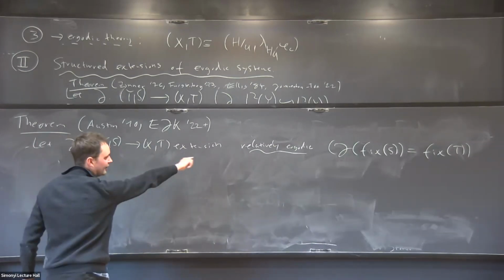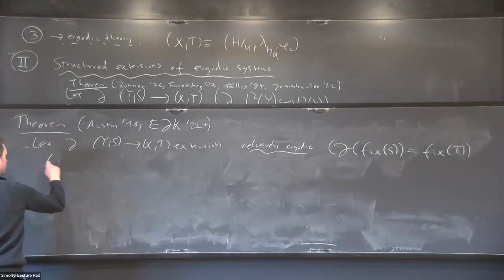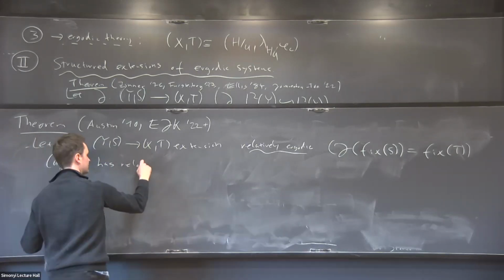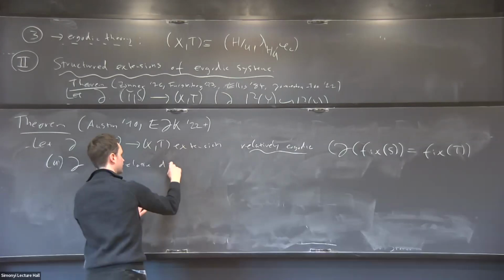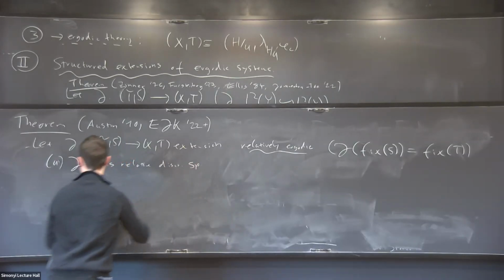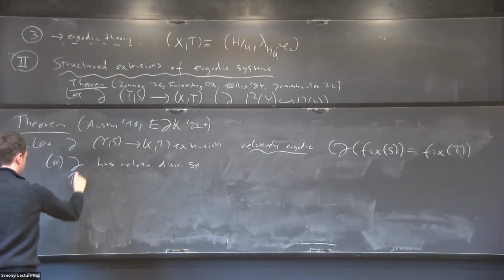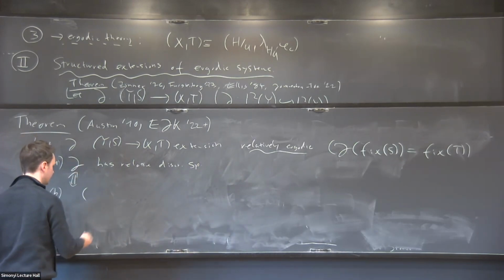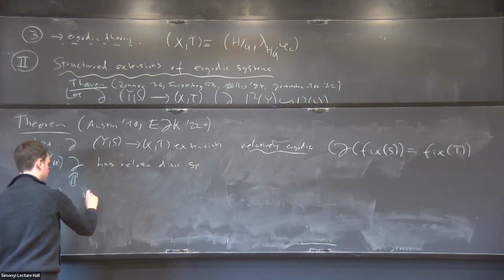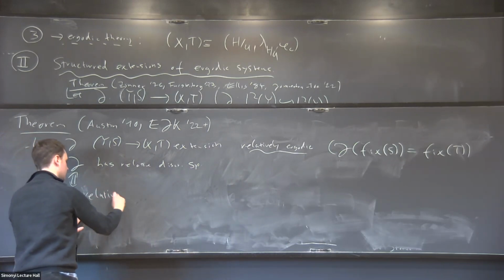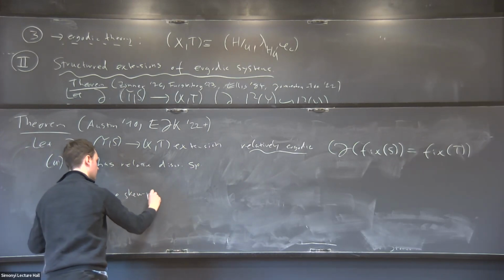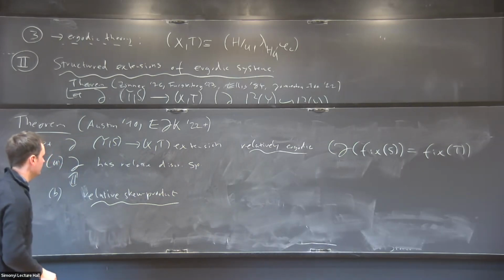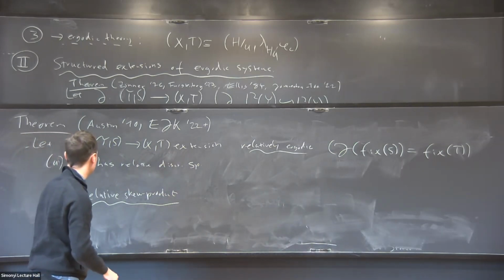So what is the characterization now? J has, again, relative discrete spectrum, so it's structured spectrum, if and only if now my extension is again given by a skew product, but now a relative skew product with respect to the invariant factor or fixed factor of my systems.